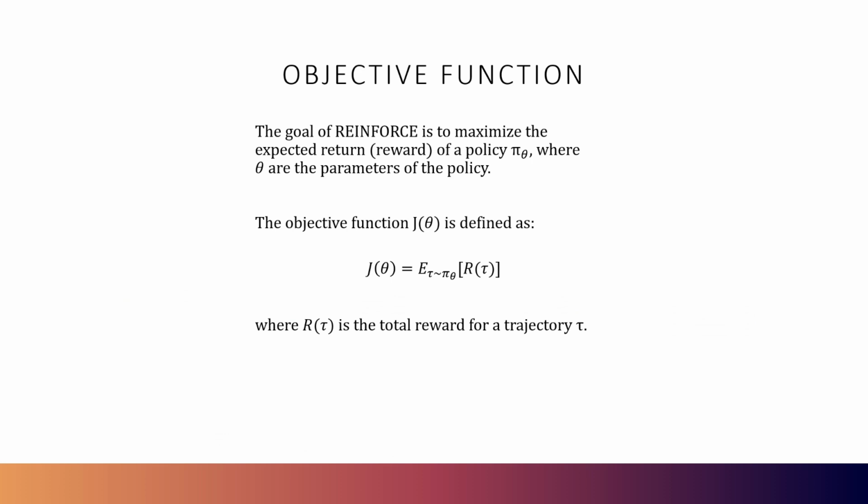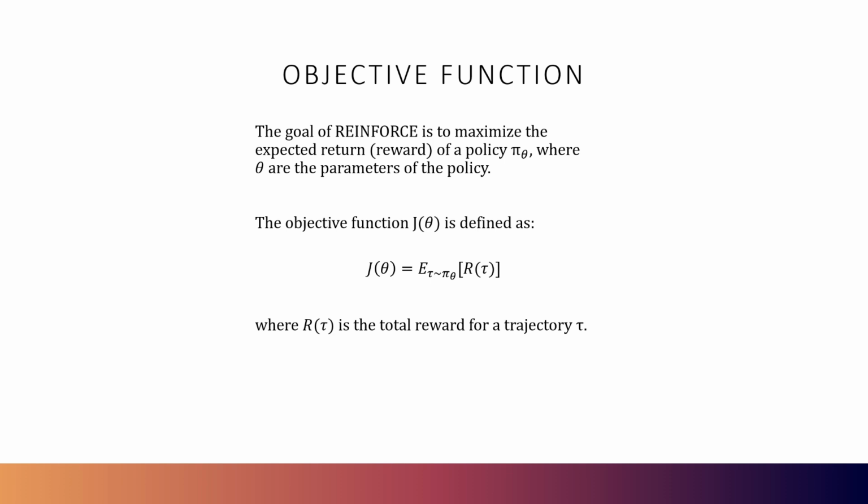So we need something to optimize for, which is an objective function, which is just the expected return of our policy pi. A return is the total reward, the sum of the reward at each time step you would get by playing the game, and we take the expectation of that over all trajectories under the policy.